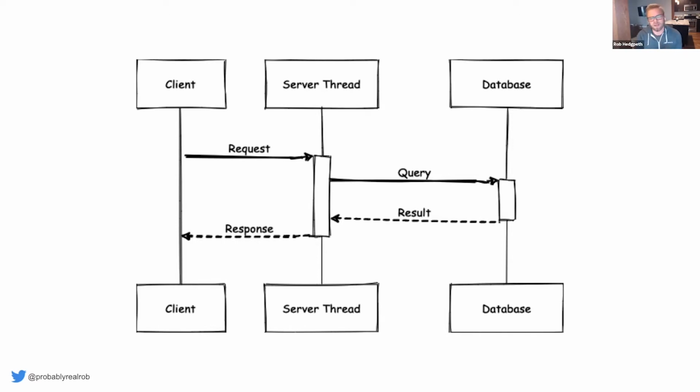That server thread could do all kinds of things, but for the purposes of this session, we're curious about what happens from the database side of things. So when you come in from a client and make a request to the server that involves the database, as you can see within this diagram, the client makes the request, a server thread takes that request, and at some point it's going to query a backend database or a data source of some sort.